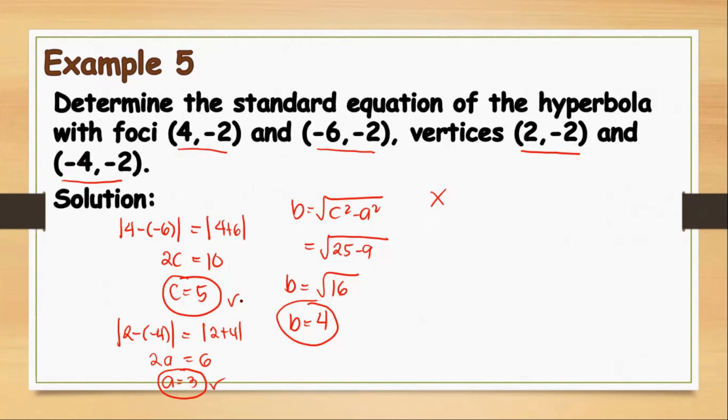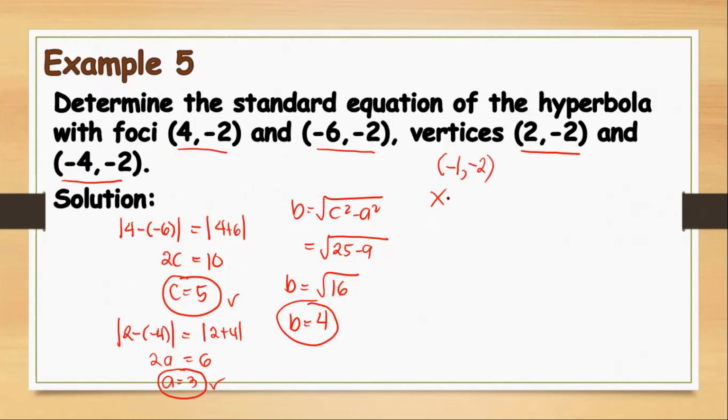Since the distance between them will be our a, which is 3, so that is negative 4 plus 3, negative 1. So our center will be at negative 1 and our coordinate for the y will be negative 2.